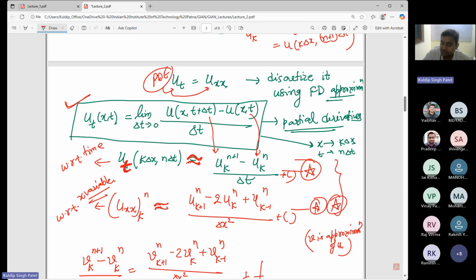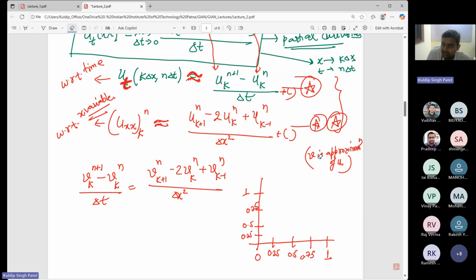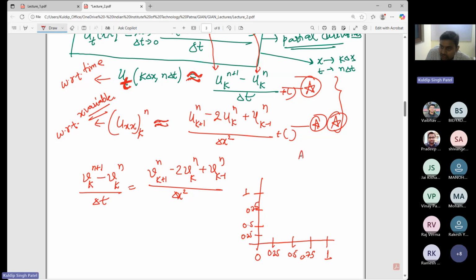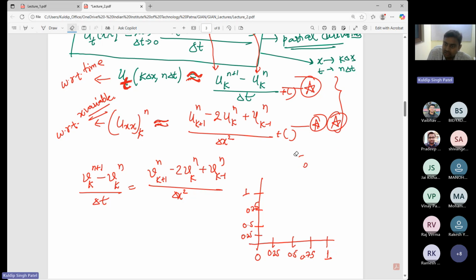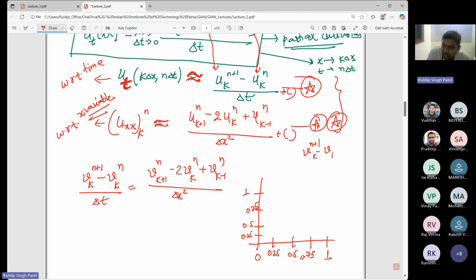Let me write it clearly here: (v_k^(n+1) minus v_k^n) upon delta t is an approximation of u_t. Now I think it's clear.